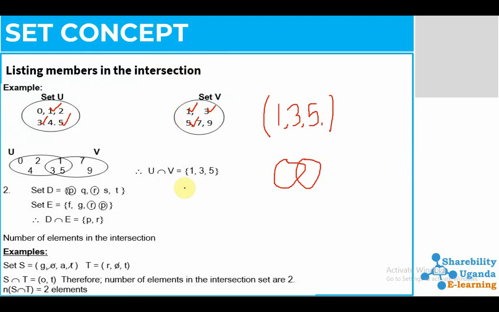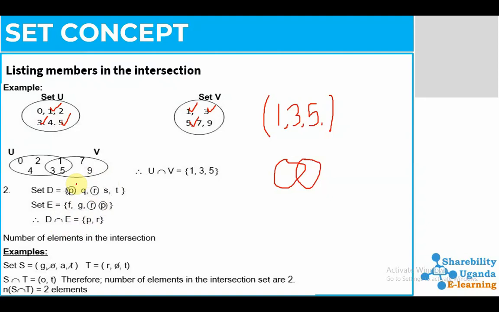Okay, so we are also being given another example here. Another example is set D. Set D is equal to P Q R S T, and our set E is equal to F Q R P. So they are saying who can find out the intersection of this set.